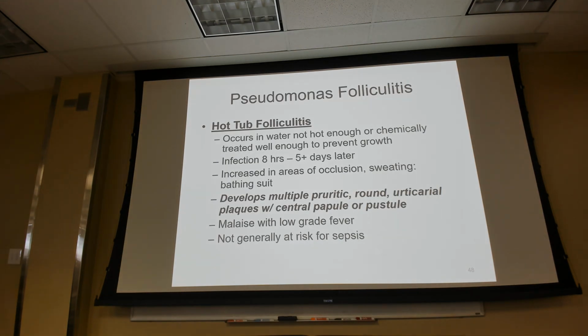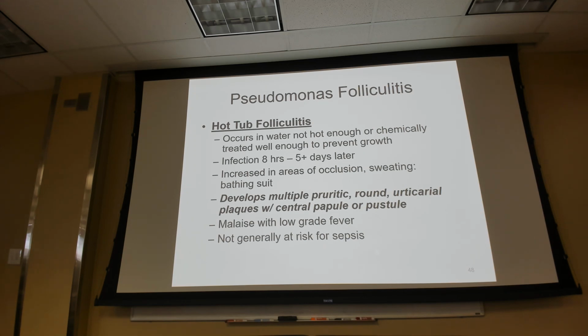Hot tub folliculitis. So here, it could be some of the chemicals that are inside of the water. It can be you wearing some stuff that's a little bit irritant, or it's causing some things that develop into the symptoms here, right?